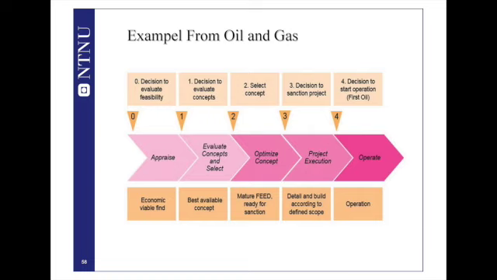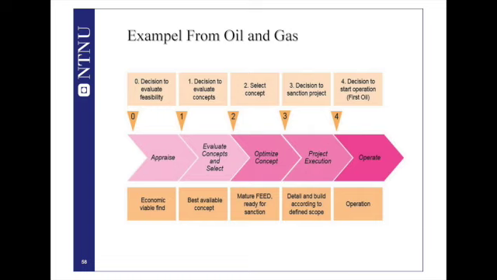As you can see, for instance, decision gate 3 says decision to sanction the project, that we have completed all the evaluation, we have optimized all the concepts, and then we are facing one important decision. Are we going to continue, or are we going to abandon the project?